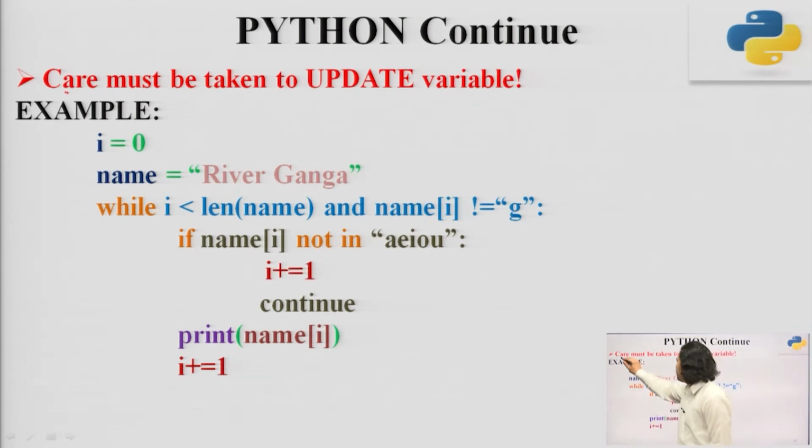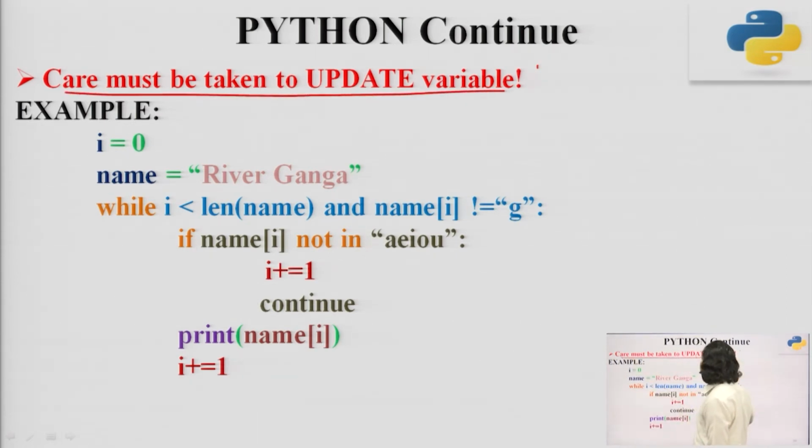Now this point is very important: care must be taken to update the variable, because if you are not going to update the variable, the same variable will compare itself with the given condition again and again. Let us say this condition, now in the previous slide we have the condition A, and if the updating statement is not encountered, that means the value of I cannot be updated.